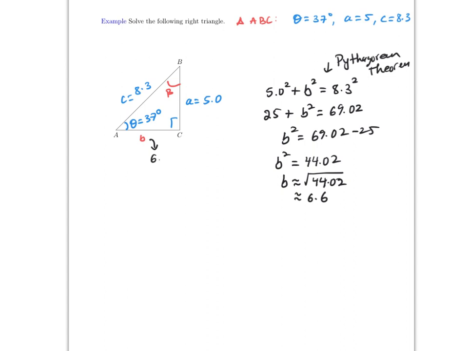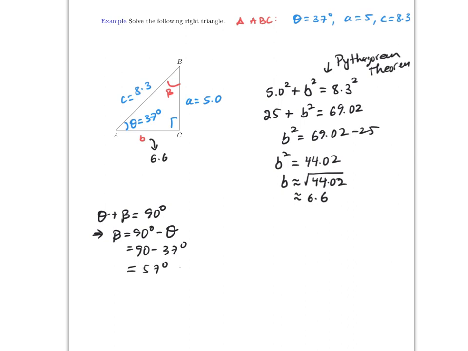So now the only thing missing is the angle beta. Remember that theta plus beta has to be 90 degrees. That implies that beta will be 90 degrees minus theta, but theta was equal to 37 degrees, so this is equal to 53 degrees.